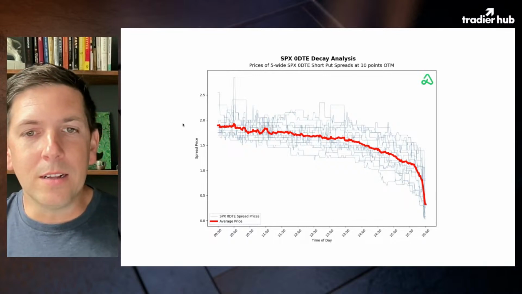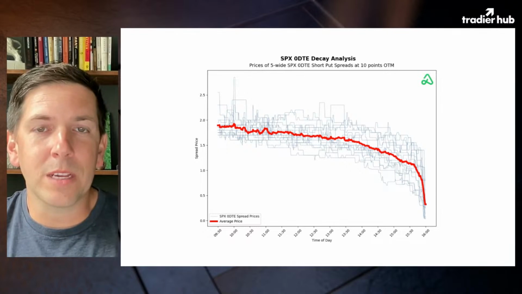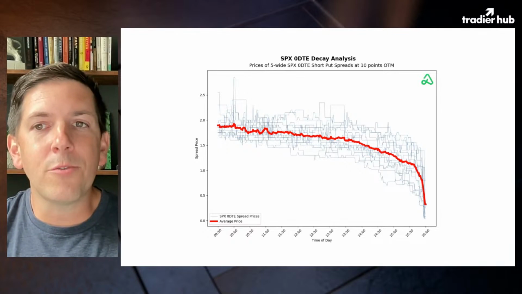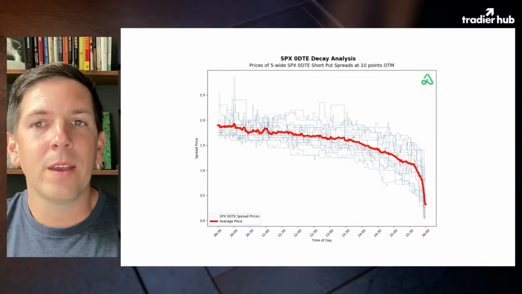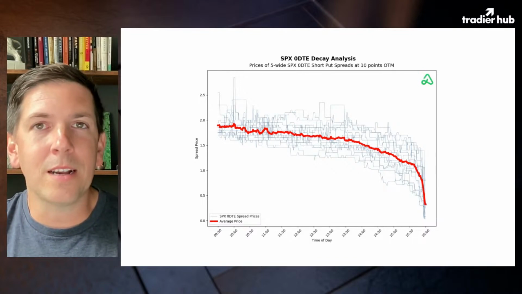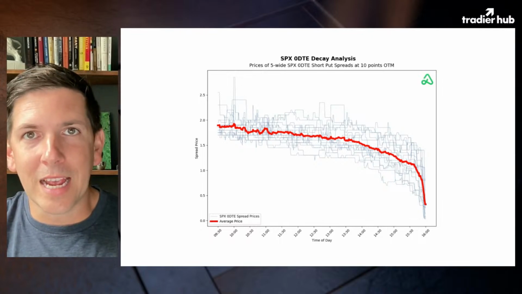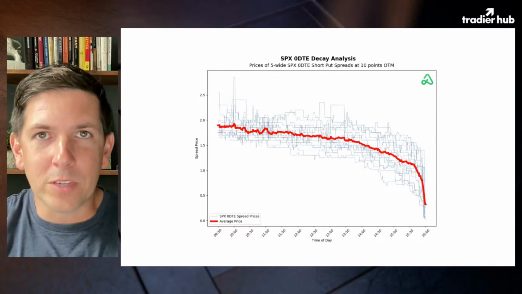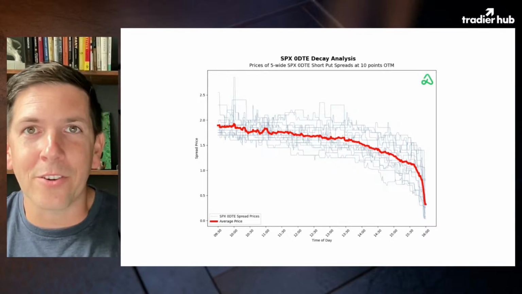What I think is fascinating, if you take away the first couple of takeaways from this, is that number one, you don't get linear decay. I think there are some people who believe that because it's a zero DTE contract, and time is marching along in a very standard progression, you have the first hour of trading, the second hour, the third hour, right? It's not like time is accelerating during the day.